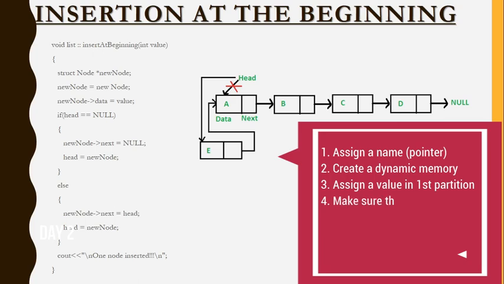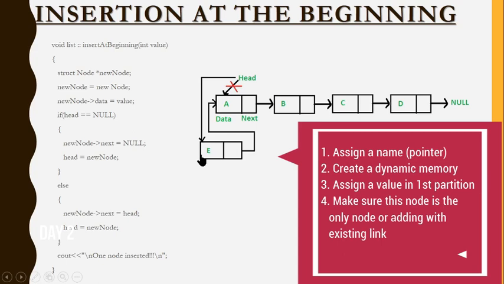That should be the step one. And step two, you have to create the box. And remember, it is not a static memory, it is going to be a dynamic memory. If you remember the second unit, when we discussed virtual destructor, we learned something called new. That's a keyword that we use for dynamic memory allocation. So here also you have to use the same keyword new for creating any node.